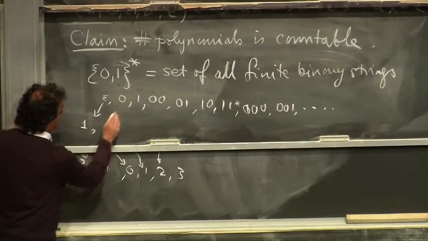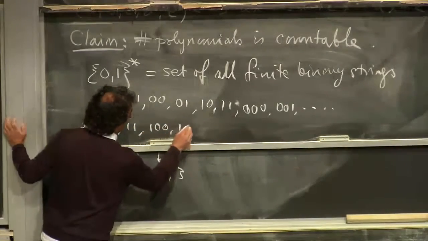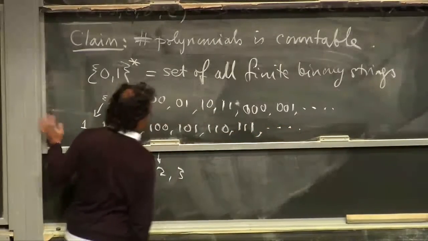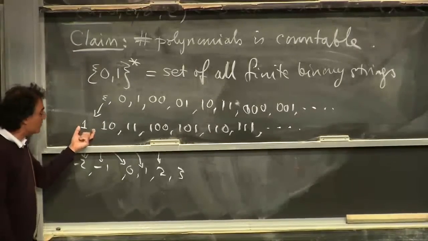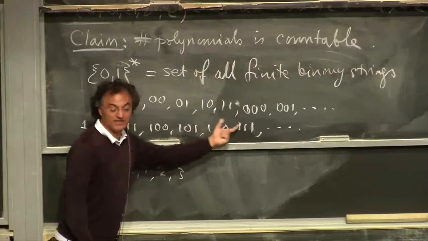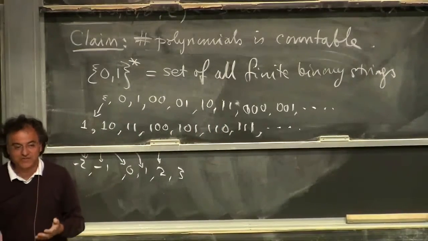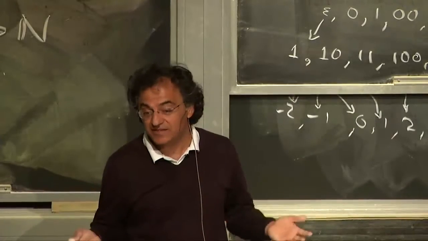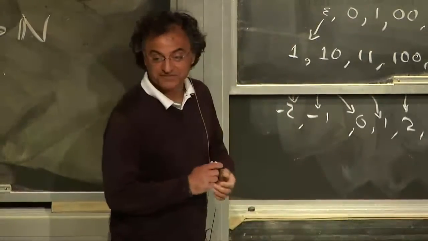If you take the others, you get 10, 11, 100, 101, 110, 111, etc. And now you get to see that these are all binary: 1, 2, 3, 4, 5, etc. in binary. So we got not the natural numbers, but the positive integers. But the number of positive integers is exactly the same as the number of natural numbers. So it's all countable.